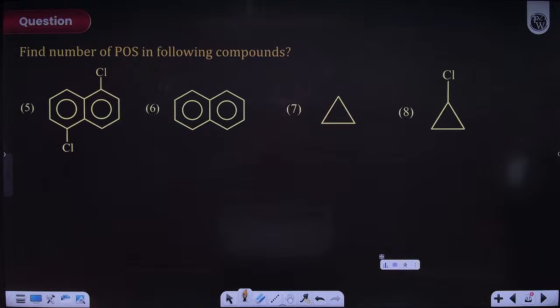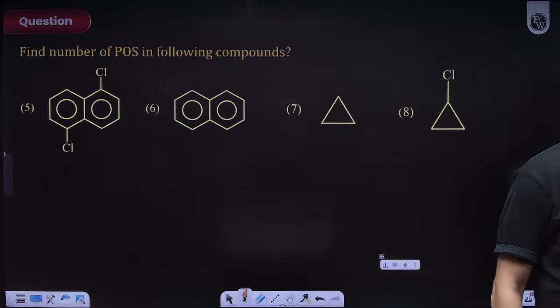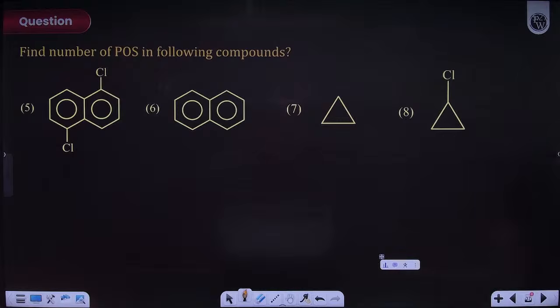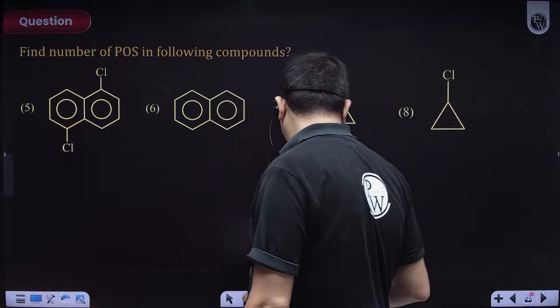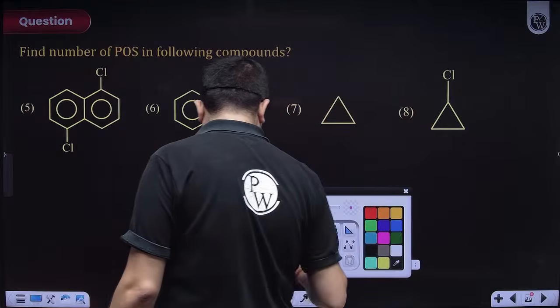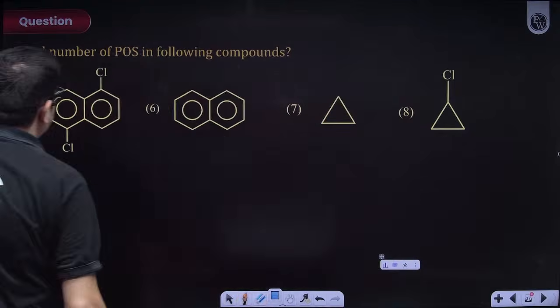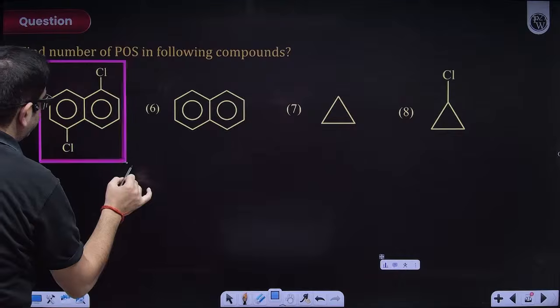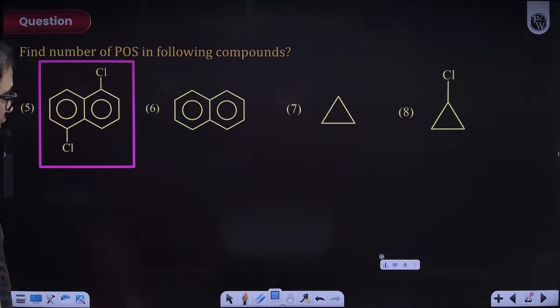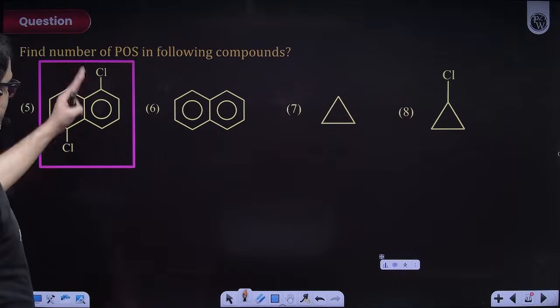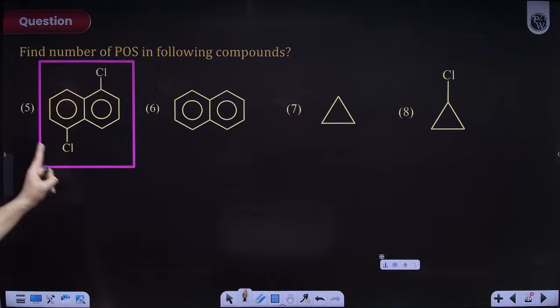For the first one, yes, sir. Definitely, it is having one plane of symmetry. Any else? No, sir. Because otherwise, it is chlorine having there.